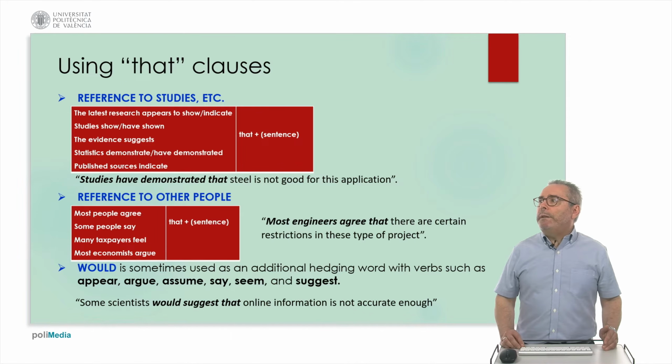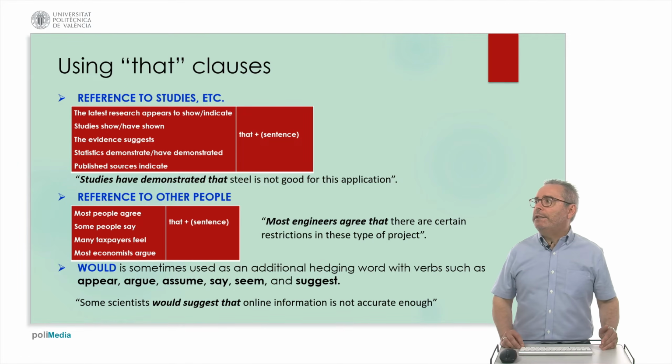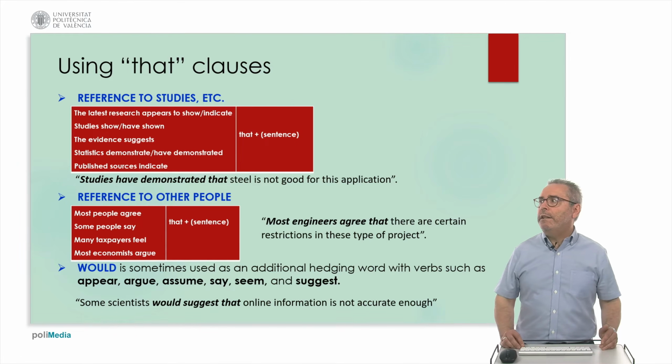For example, most people agree, some people say, many taxpayers feel, most economists argue, that plus the sentence. We can change, of course, the name of the group of people we are referring to. For example, most engineers agree that there are certain restrictions in this type of project.